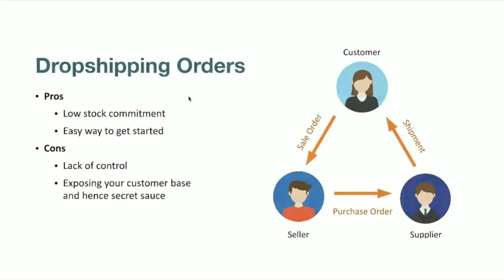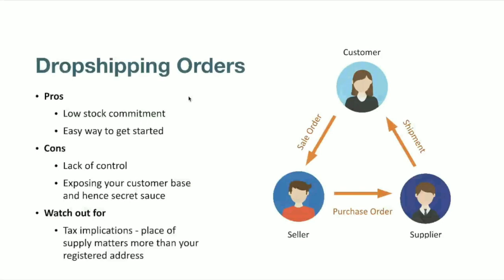Another thing to watch out for that we've seen commonly in dropship sellers are the tax implications. So the place of supply or the nexus with the state is important. So let's say you're selling from California, but your supplier is sitting in Texas, then it's important for you to understand that the tax regulations for Texas will apply and not where you are sitting out of California.